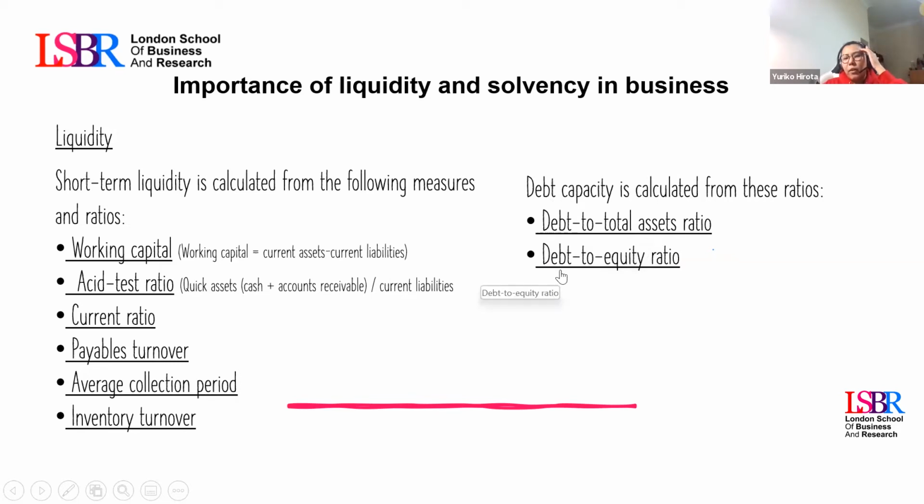Another is the debt to equity ratio, where we divide the debt or the amount of the loan by the equity. Remember that in the balance sheet we have these three sections: assets, liabilities, and equity. So we need to take the amount of the loan that we are thinking to ask for or that we already have, divided by the equity, one of the elements in the balance sheet.